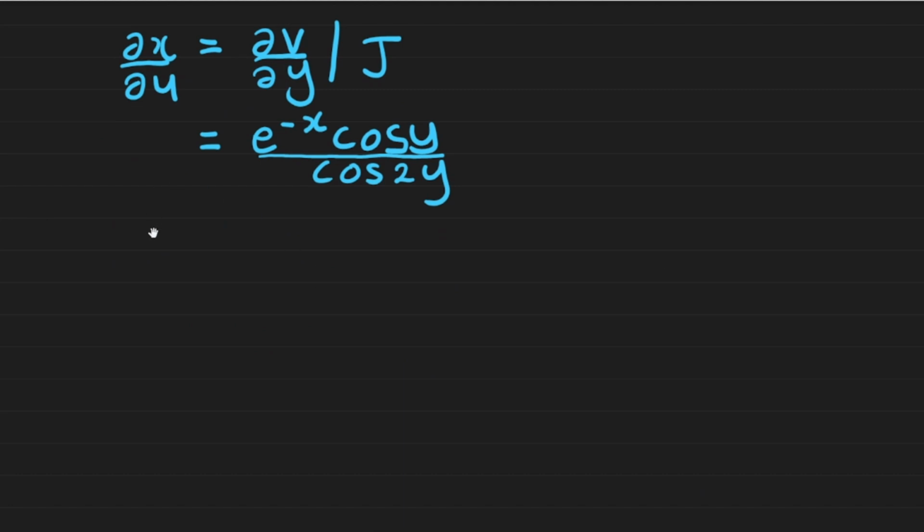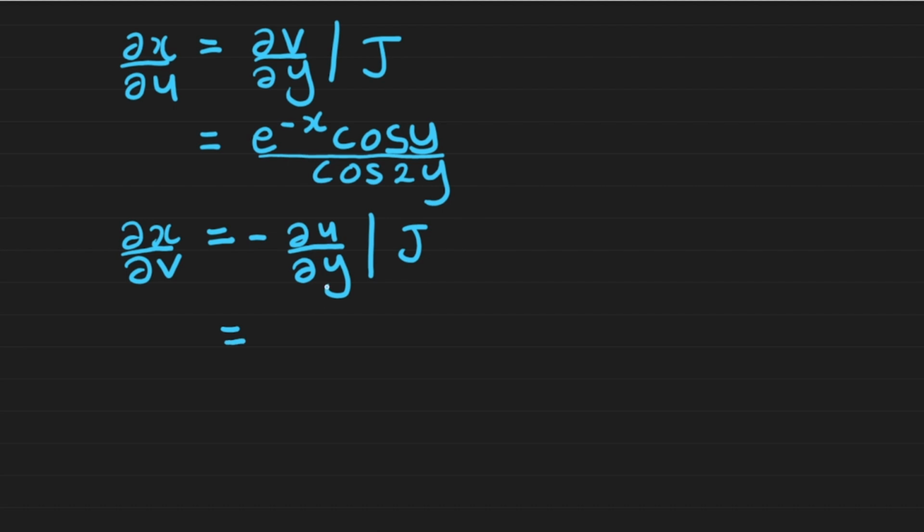So the rest of the differentials can be calculated in the same way, with dx dv equal to minus du dy divided by the Jacobian. Du dy determined earlier was e to the power x sine y, and this is divided by cos of 2y.